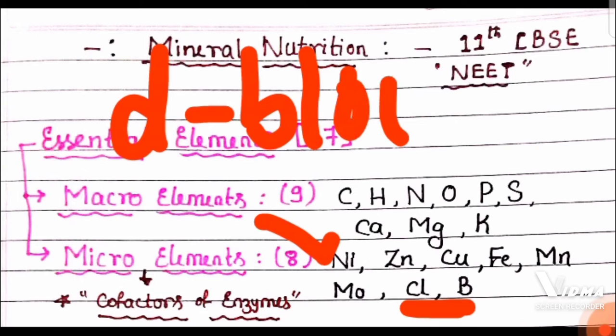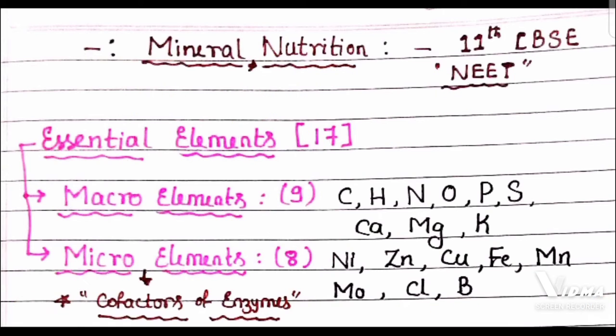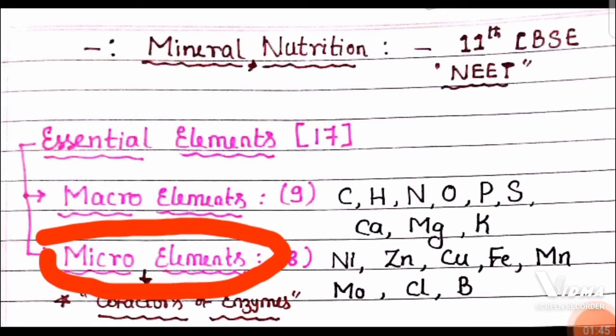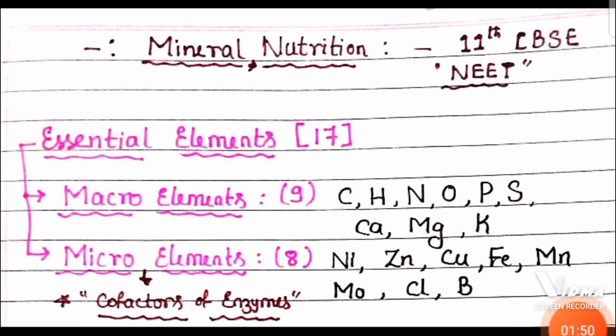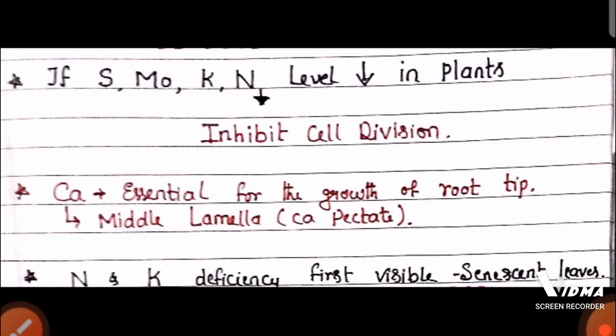In this way you can find some tricks to remember these micro and macro elements. And remember, the micro elements play the role of cofactor for most of the enzymes involved in photosynthesis, growth and respiration.